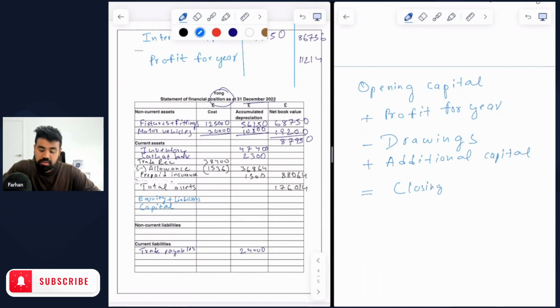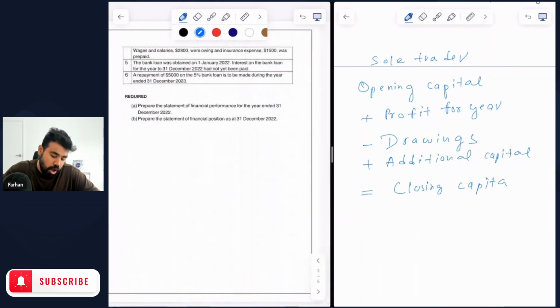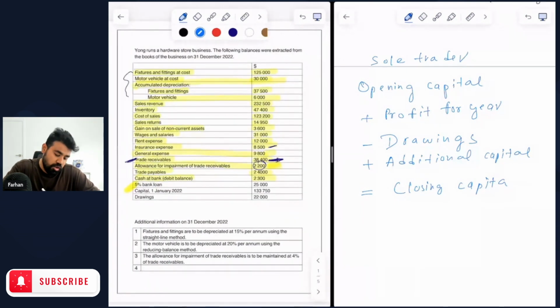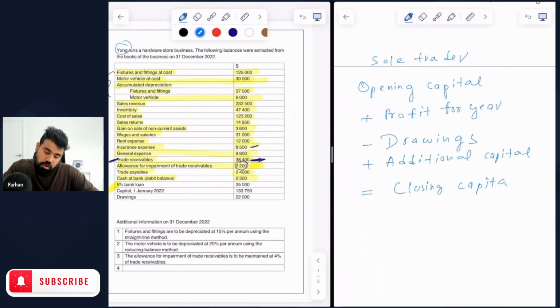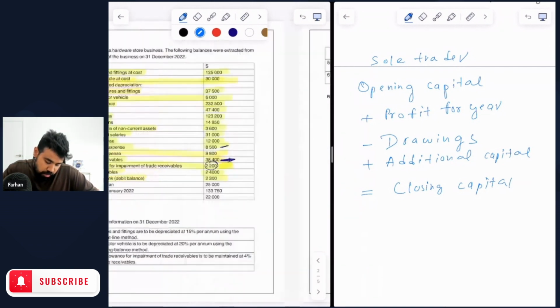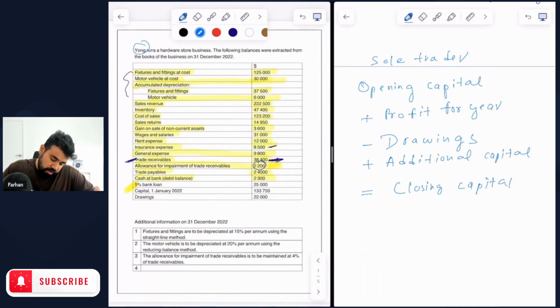And this formula is more relevant for a sole trader business, which is what we are working with in this case, because the question clearly says Young. And it's not really a company, it's just Young who runs a hardware store business. Okay, so we start with the opening capital. The opening capital is what is given here. As you can see, it explicitly mentions capital at 1 January 2022 to be 133,750.